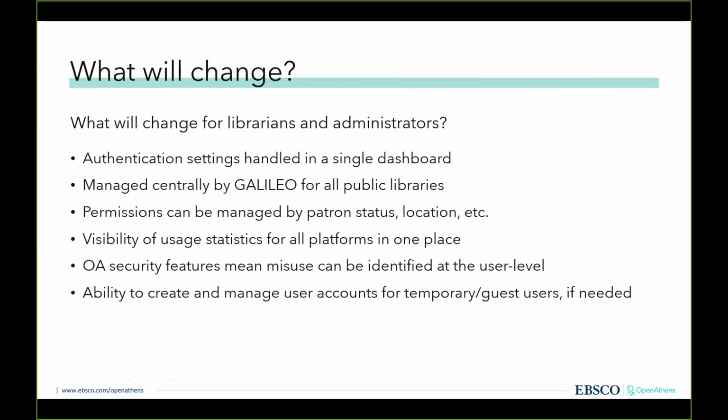That will send up a red flag for the service, and the service may automatically suspend access and notify the administrator or the librarian listed on that branch's OpenAthens. So there are some built-in features that leverage the SAML technology to stop misuse as soon as it's happening and notify you, so you can take a look, talk to the patron, and if it's appropriate, re-enable access for them in your dashboard.